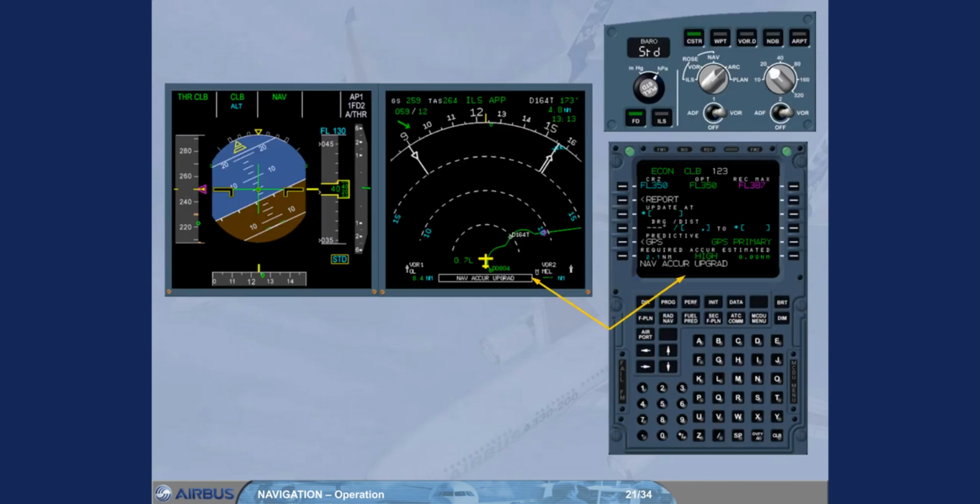The indication Nav Accur Upgrade has appeared at the bottom of the ND and in the MCDU scratchpad, meaning that the navigation accuracy level has automatically switched from low to high. We will see now how to perform a navigation accuracy check.